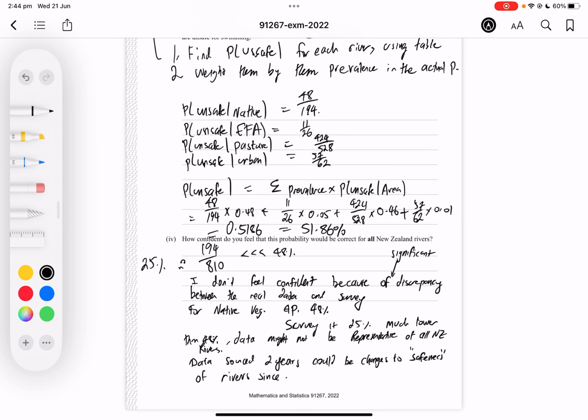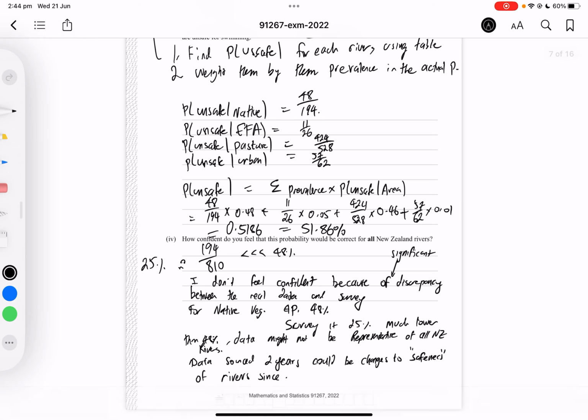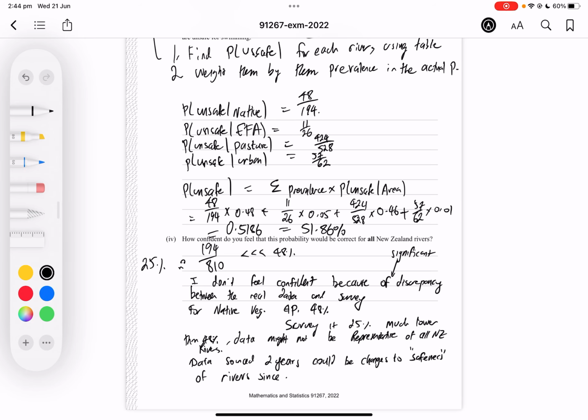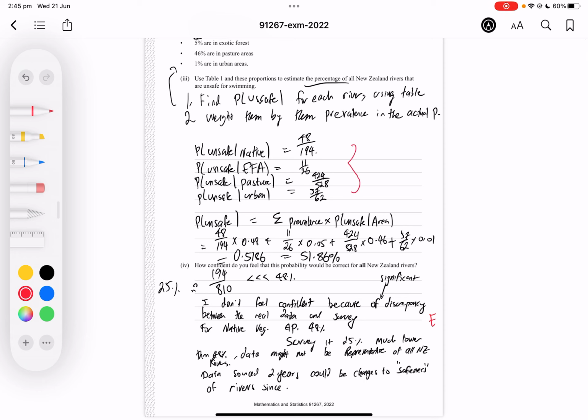Okay, and that's approximately what you need to do for this question. It's a little bit wordy, a lot of things to do, but in general, I don't think it was too bad, but there's a lot of work. And this will get you an excellence level grade if you can do both part I and IV. If you find at least one probability of a river being unsafe, so one of these four is a merit.